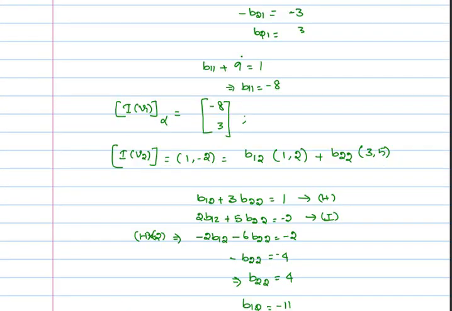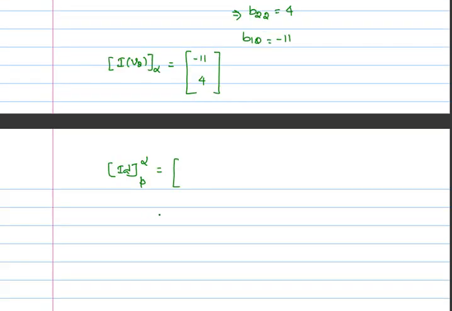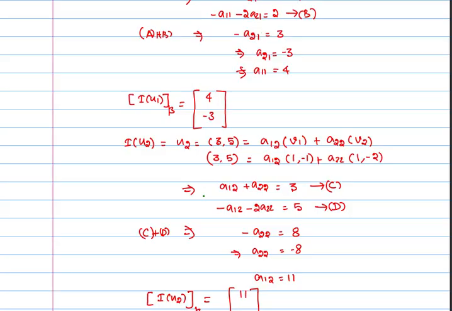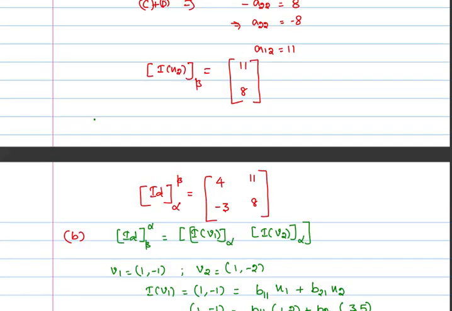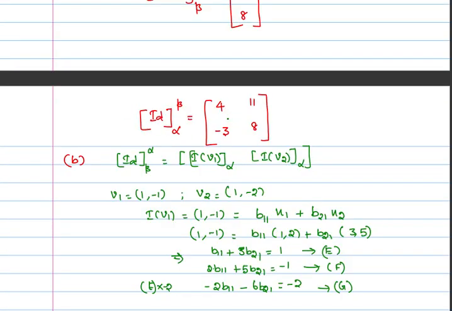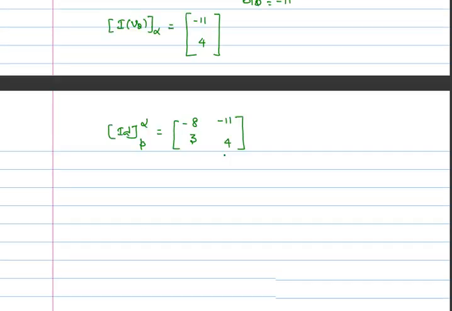I of V1 alpha is minus 8, 3, this column. Second one, I of V2 alpha, is minus 11, 4. This is the transition matrix from beta to alpha. So we complete these two cases. Now you look: I alpha beta is 4, 1, 4, minus 3, 11, 8. I beta 2 alpha is minus 8, 3, minus 11, 4.